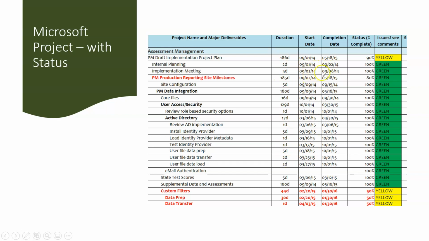And this is a way to see which steps are dependent on others. It may be that you can't start the user security until you've finished the integration of the core files, for example. And then you have a status column where you're indicating the percent complete.